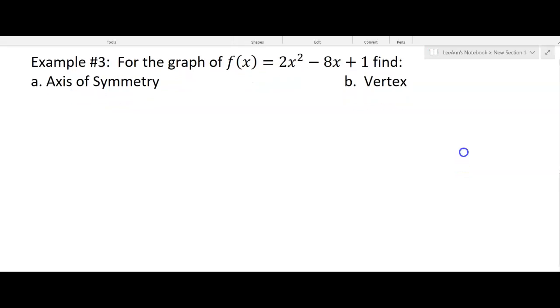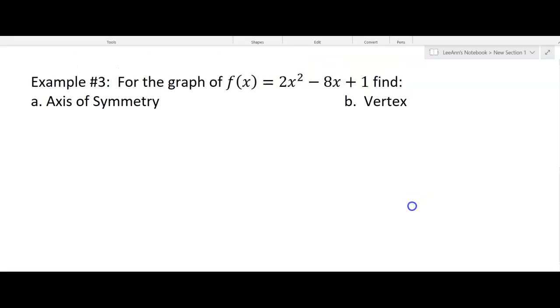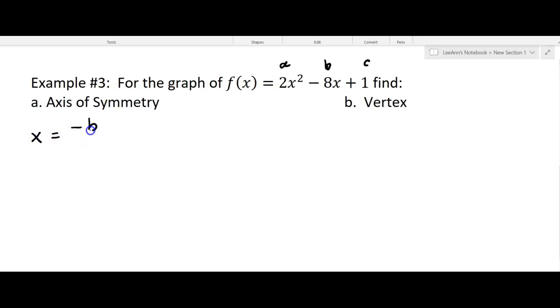It says for the graph of f of x equals 2x squared minus 8x plus 1, find the axis of symmetry, and then find the vertex. So my a is going to be 2, my b is going to be negative 8, and my c is going to be 1. So the axis of symmetry is going to equal the opposite of b over 2a.